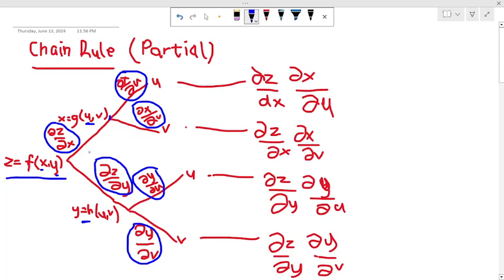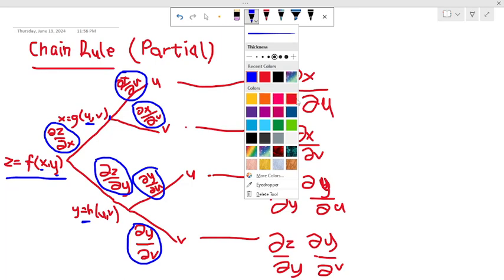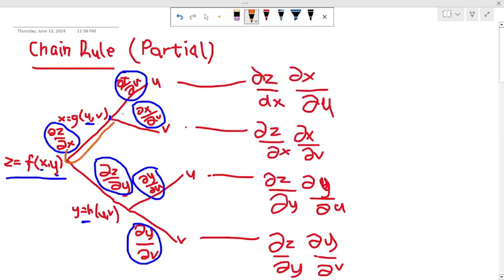So find the partial derivative of z with respect to u. Now we are going to traverse this part. That's for u.